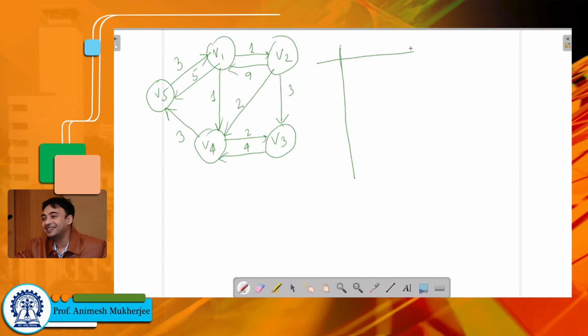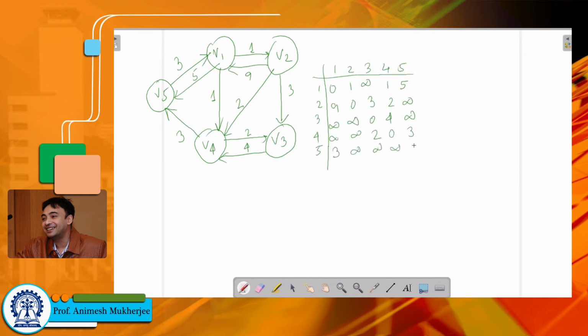It's very simple. So this is my W matrix, and my objective is to derive another matrix D which gives me the shortest distance between every pair of vertices.